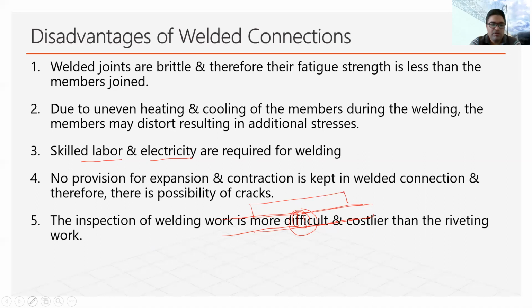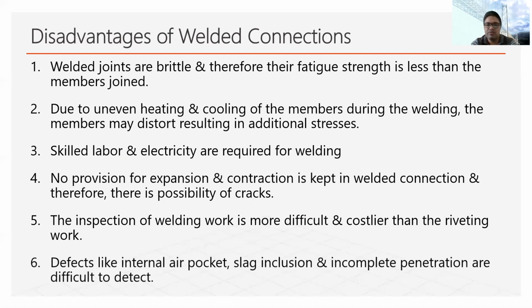The inspection of welding work is more difficult and costlier than riveting work. Welding work cannot be inspected very easily, so for proper inspection we are required to conduct some tests. The next disadvantage is connected with this: if the quality of welding is not good, it is very difficult to check whether the welding is done properly or not.